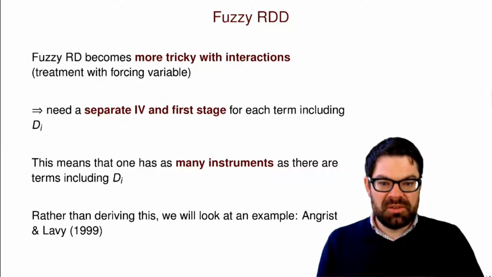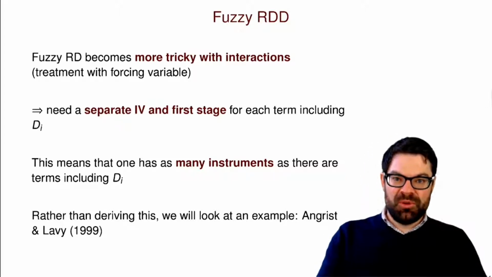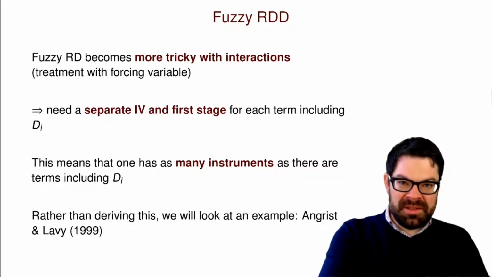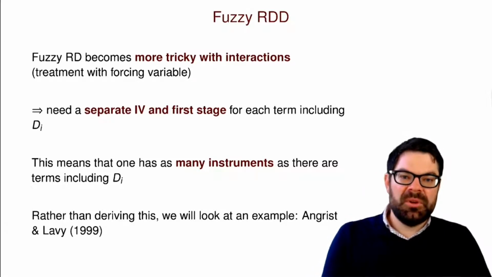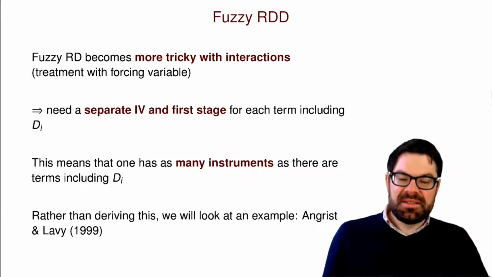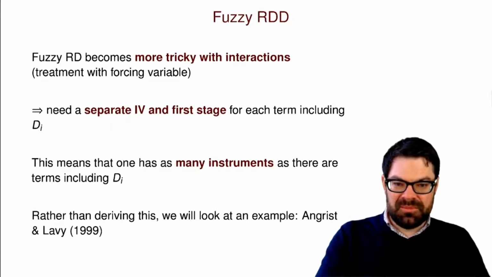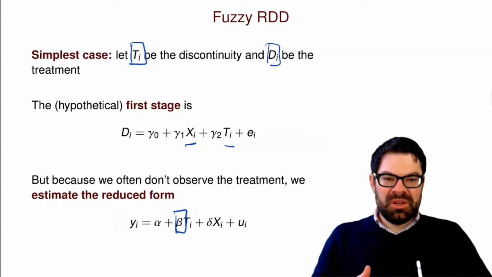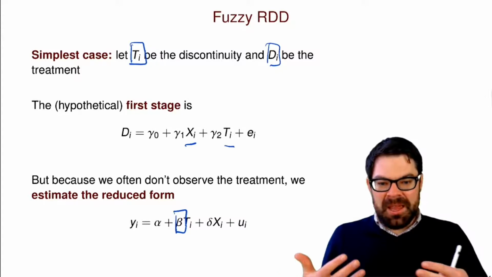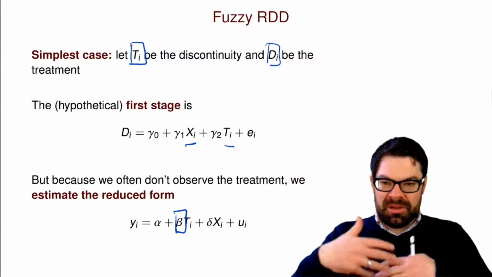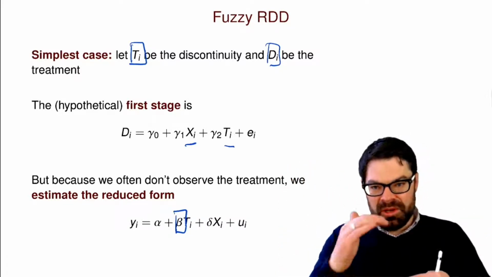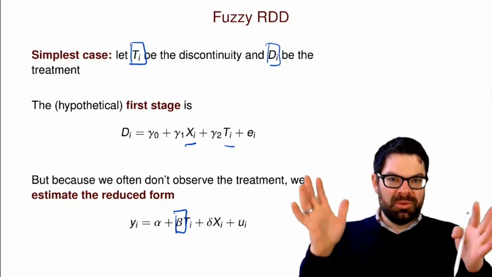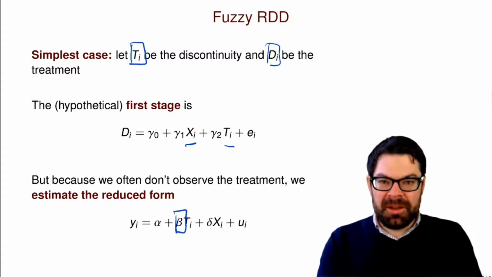That's why a lot of the more recent applications of fuzzy regression discontinuity designs focus first and foremost on the reduced form, and then present auxiliary evidence on the first stage. When you have just a reduced form, you can use the standard techniques, run OLS regressions with polynomials above and below the threshold, and do optimal bandwidth selection and so on.